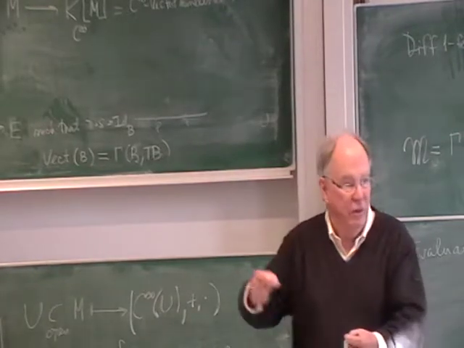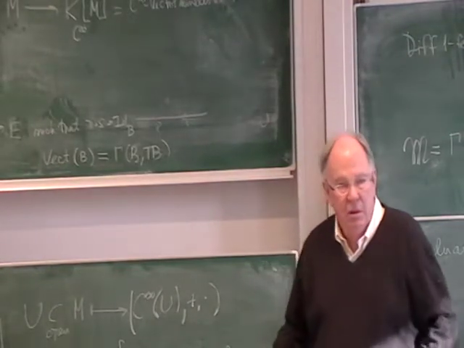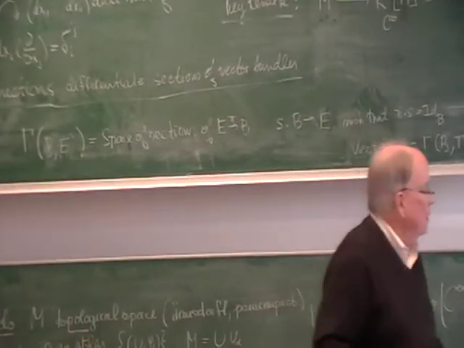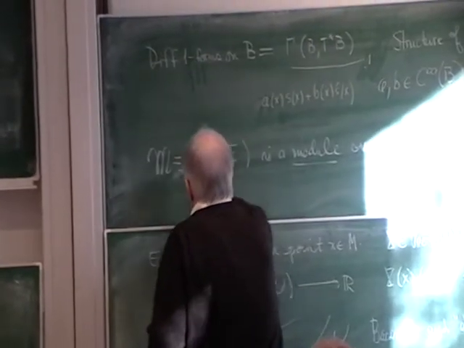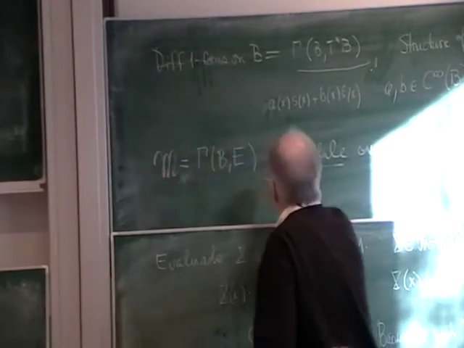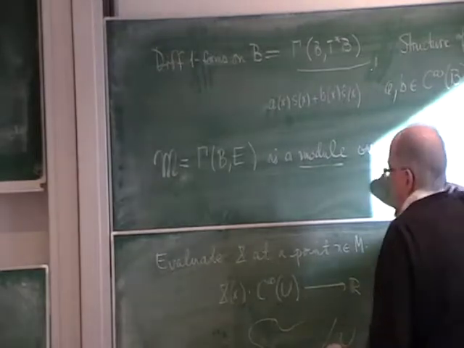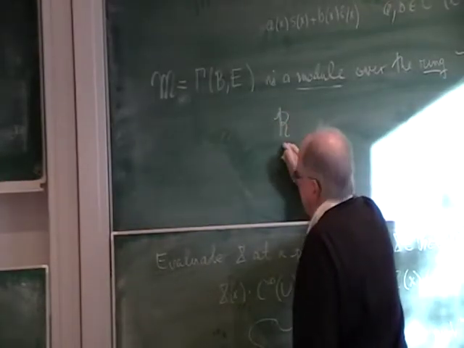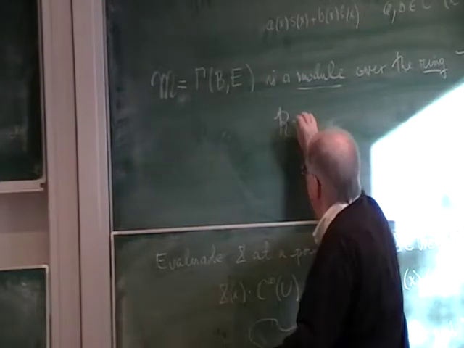Sections over B of the bundle E. And the sections over B of the bundle E is a module M over the ring R. That means this ring is wonderful, it's a commutative ring, I just talked about it.